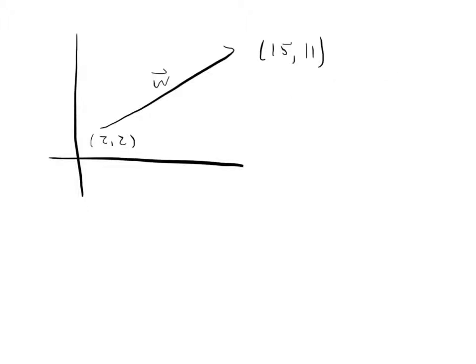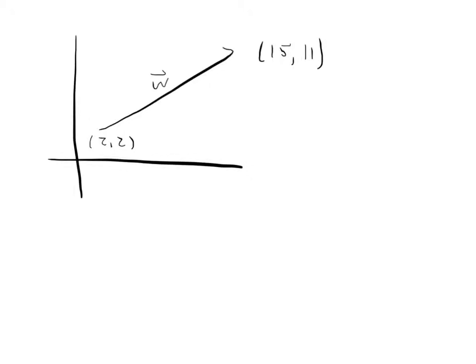So suppose I consider vector W here. Tail is down here, and head is up here. And I know that the tail has coordinates of 2, 2, and the head has coordinates of 15, 11.